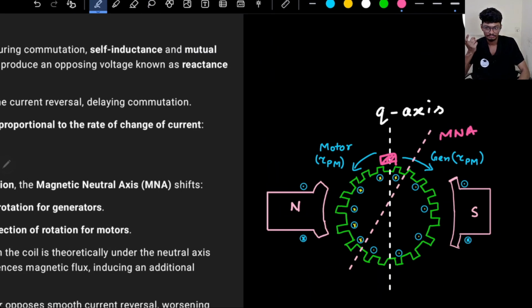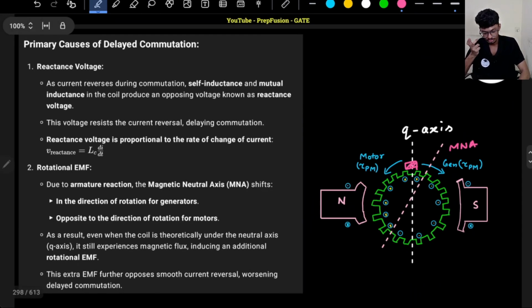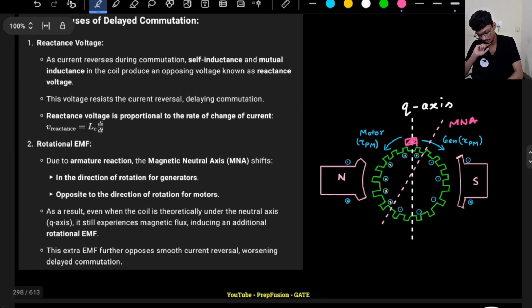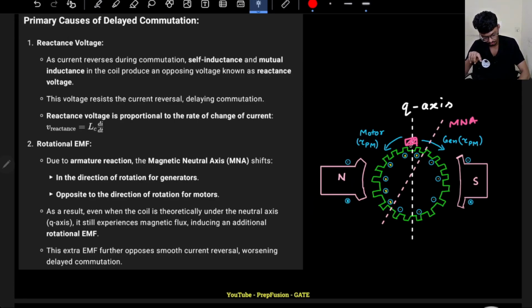So again delayed commutation is happening. The reversal was supposed to happen here, but it is happening here. So MNA shifting is an example of delayed commutation. Practically, that's why delayed commutation happens.